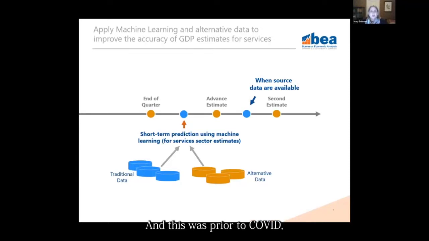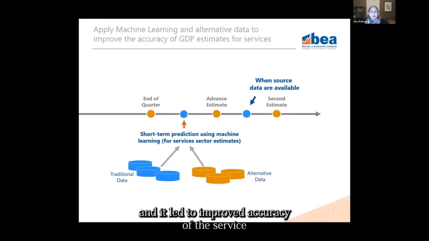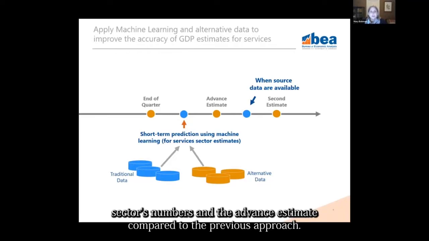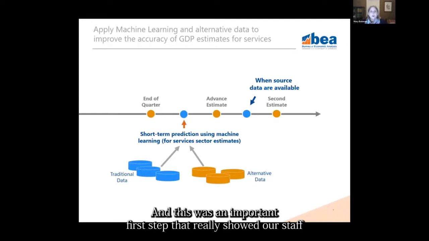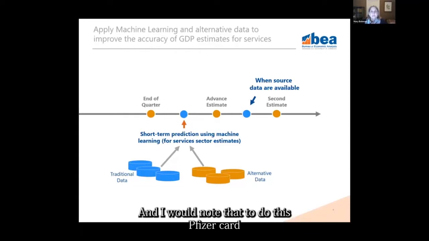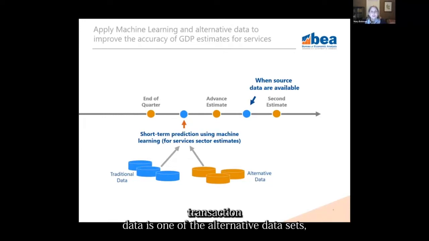And this was prior to COVID. And it led to improved accuracy of the service sector's numbers in the advanced estimate compared to the previous approach. And this was an important first step that really showed our staff in production the value of these new approaches. And I would note that to do this, Fiserv card transaction data is one of the alternative data sets.